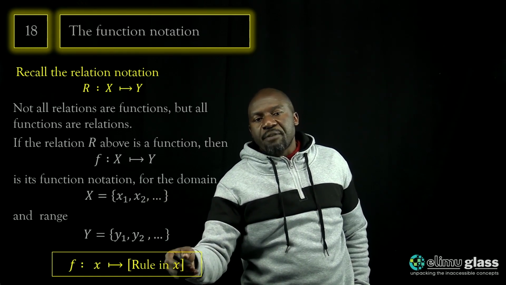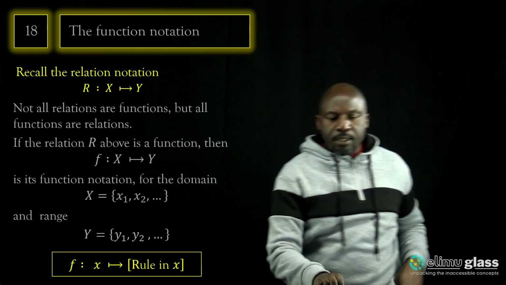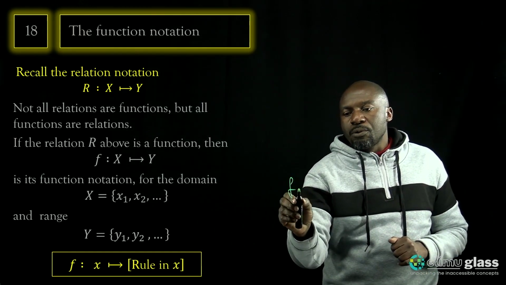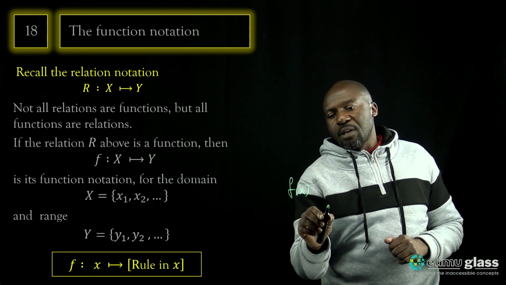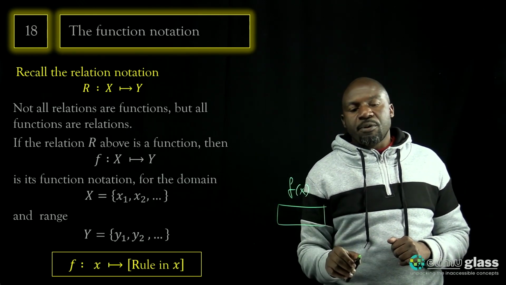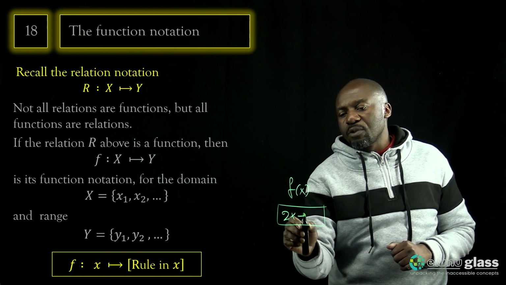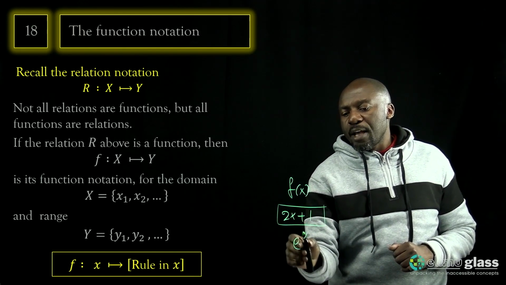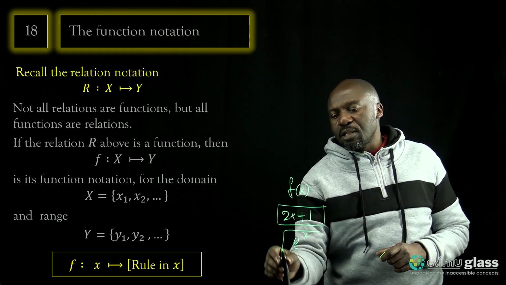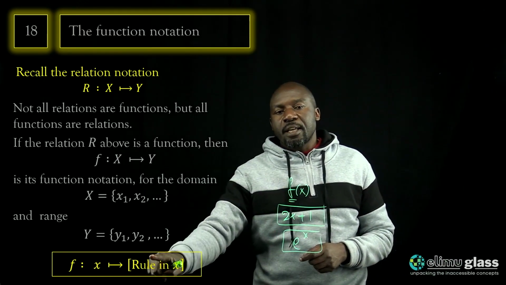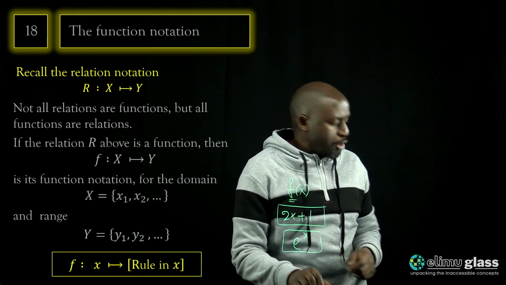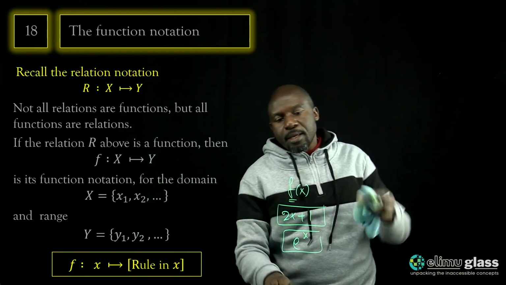Instead, we put f of x, to say a function of x. Or we put the specific rule, the equation that is represented, like 2x plus 1, like e power x, whatever it is that is the rule for the function of x. That is what we will put here, and then this becomes the function notation. Yes?